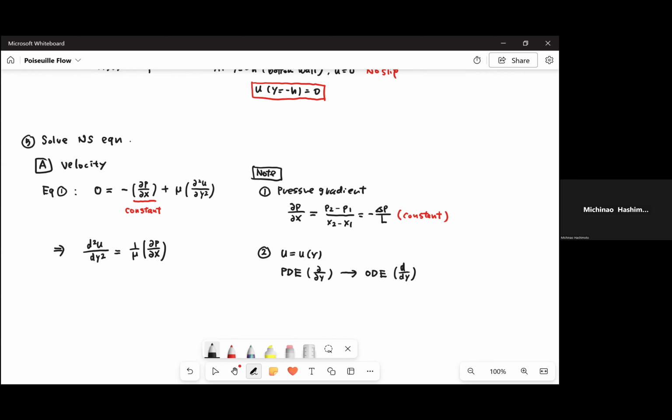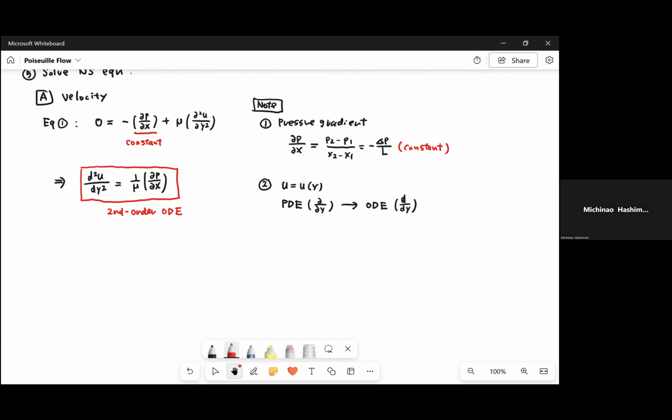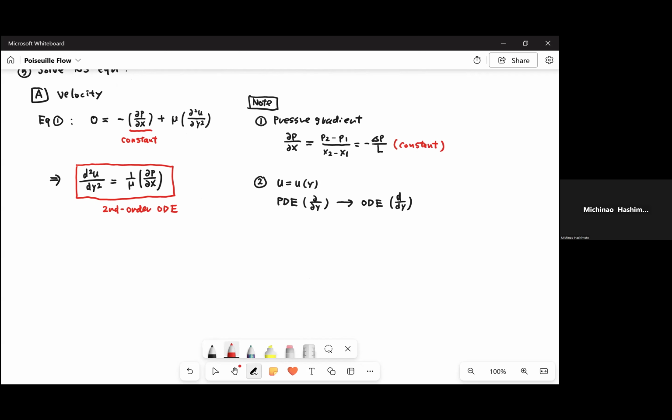After we simplify, this is nothing but a second order ODE. That's something that you are able to solve, so let's do this.